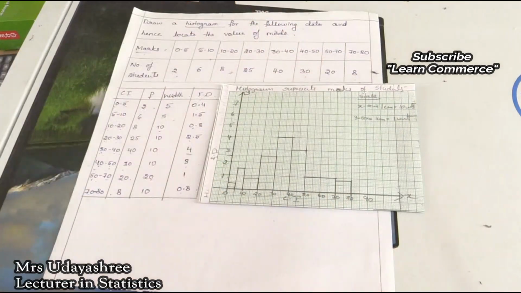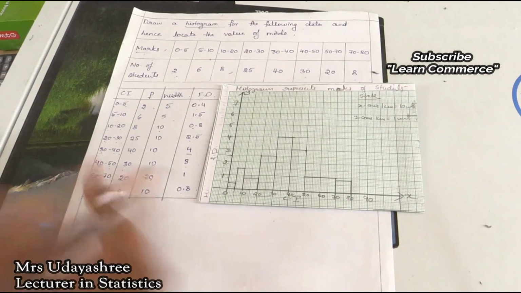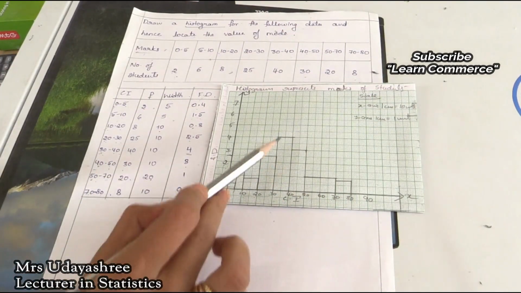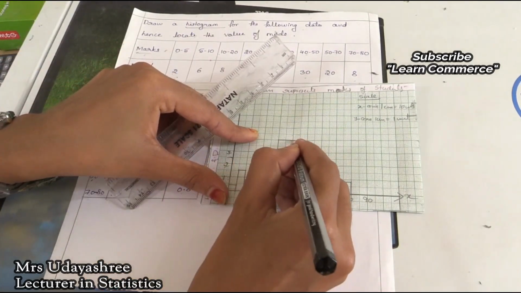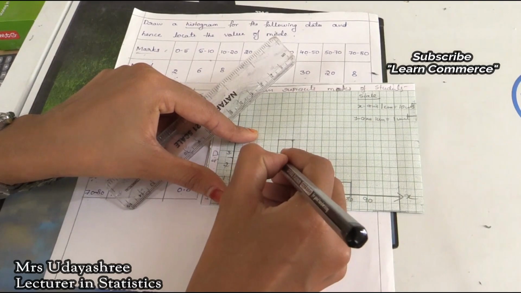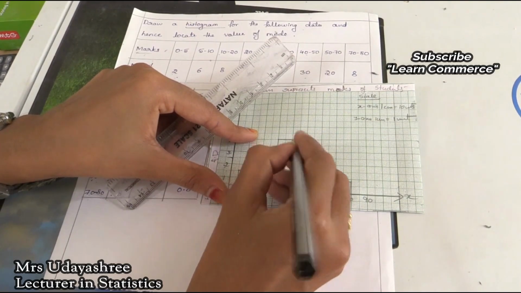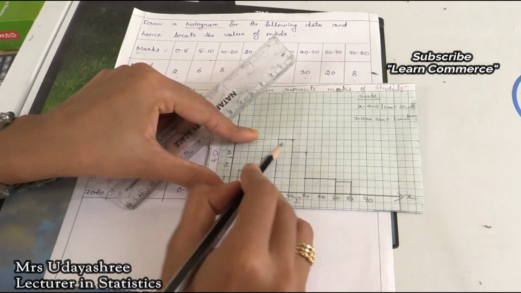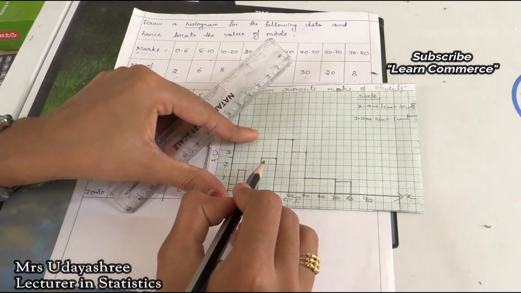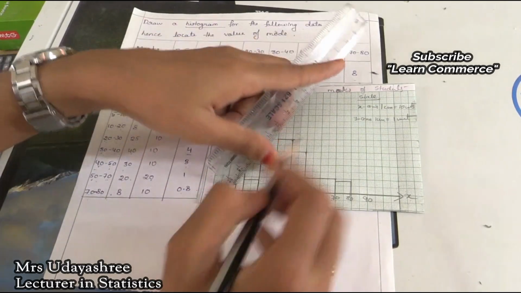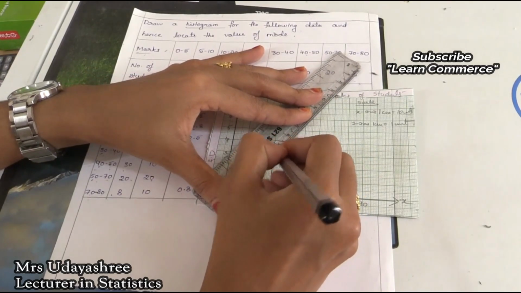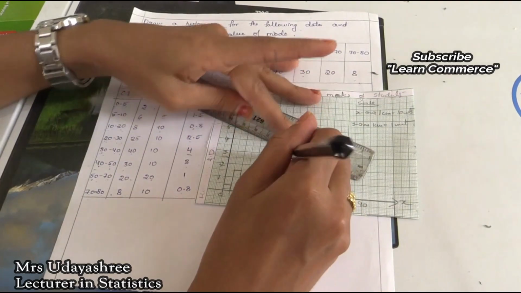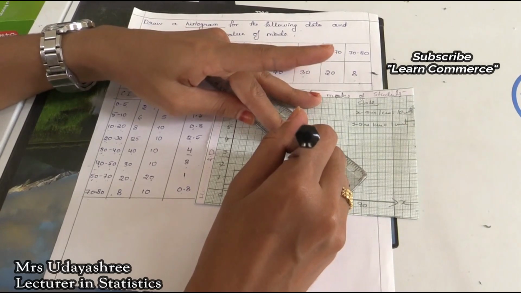Okay, after that we need to locate the mode using this histogram. See, here the tallest rectangle is this one. So after that we need to join opposite vertices of the adjacent rectangles like this. For this tallest rectangle, the adjacent rectangles are these two. So here we need to join these two lines like this. Next, from here to here we need to join like this.